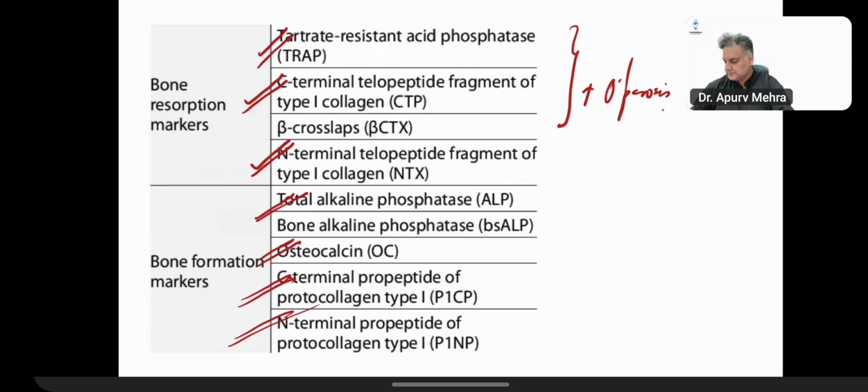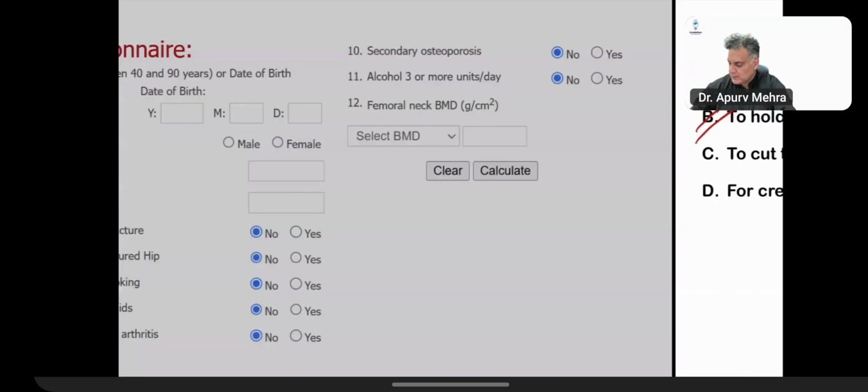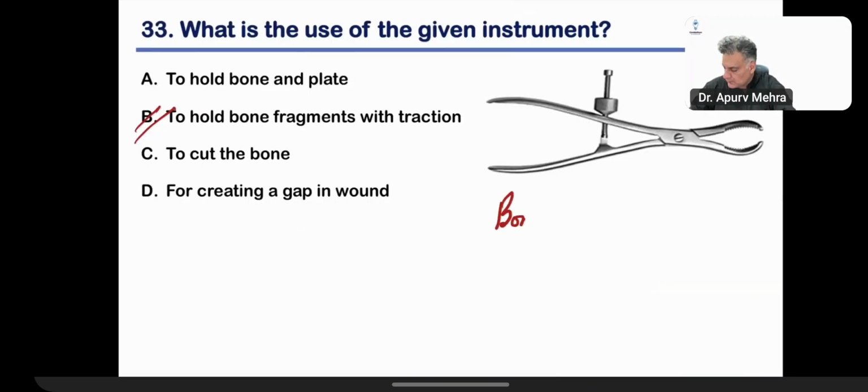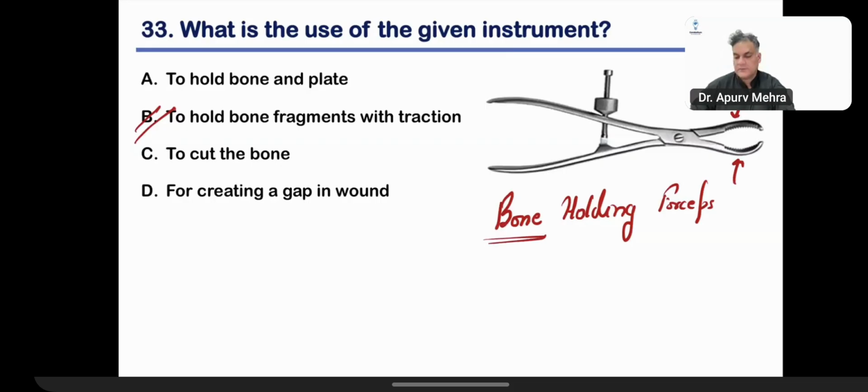It is bone holding forceps because it has teeth inside. Wherever you have teeth, that's a bone holding forceps.